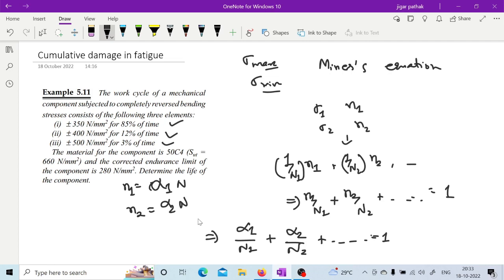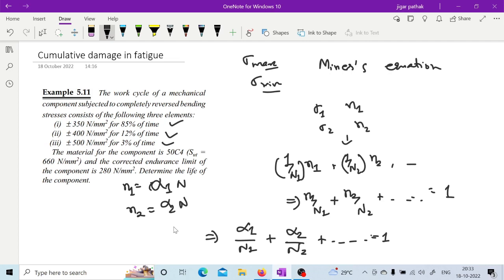So here, as we have seen, this kind of approach can be used to solve problems where you are having cumulative damage in fatigue. It means more number of stress cycles are acting for different proportions of time.